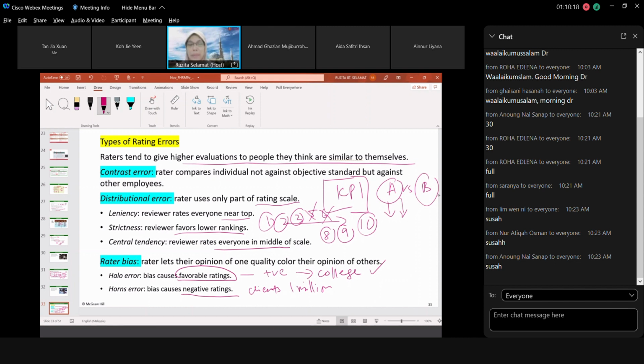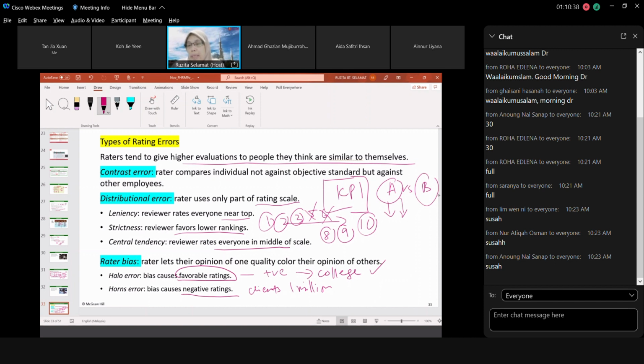Alright, maybe different people have different ways of remembering, how to memorize different thing. Tapi kalau based on my experience dulu, memang saya suka guna mind mapping. Okay, let's say saya buat mind mapping on bias.